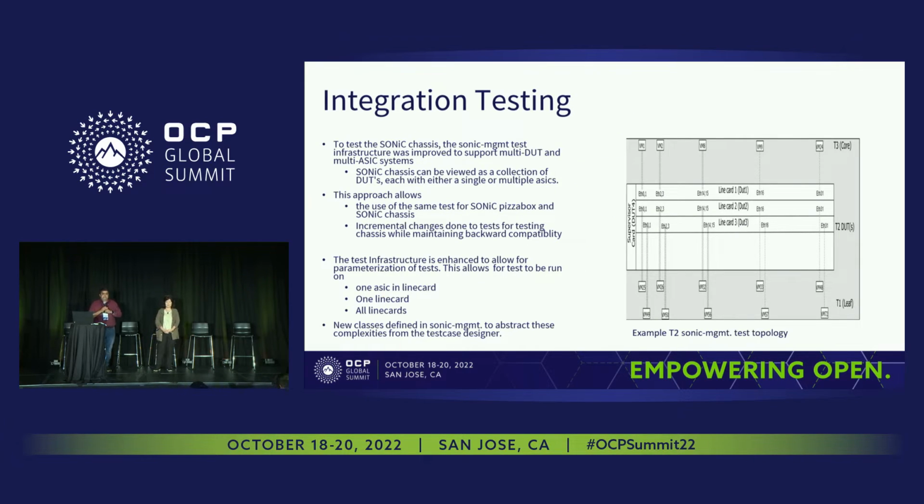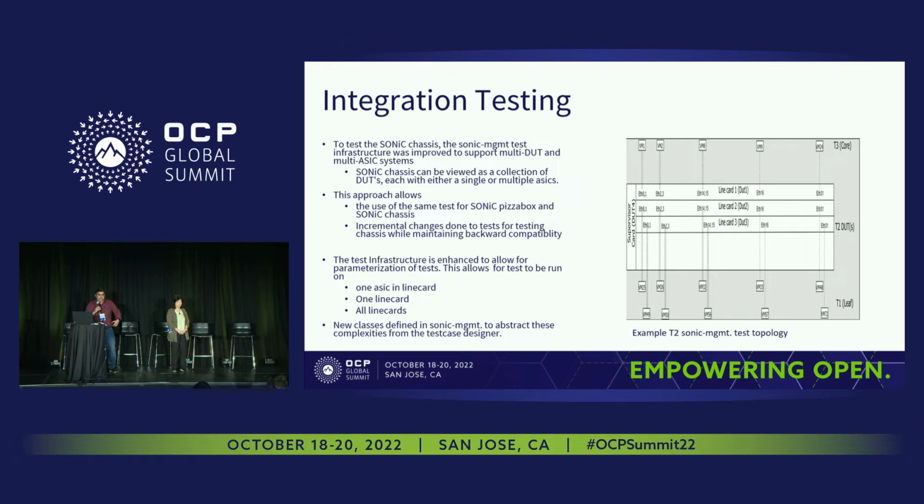So for testing, the main idea for testing the SONiC chassis was that we wanted to leverage the SONiC management tests. Most of you might know SONiC management has more than 1,500 tests, but all these tests were defined for a SONiC pizza box. So to leverage that, we had to improve the SONiC management test infrastructure.